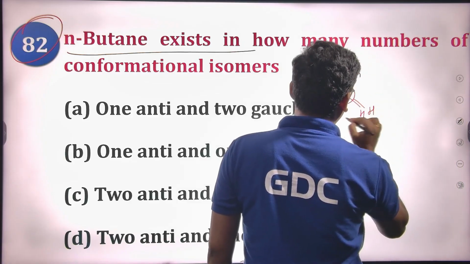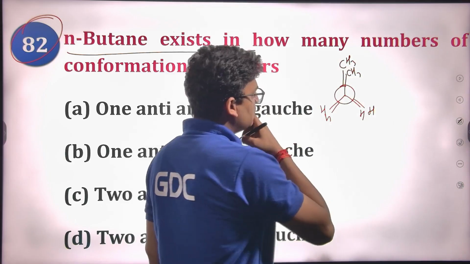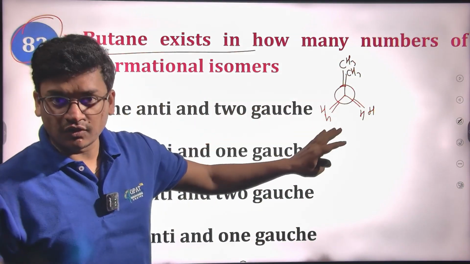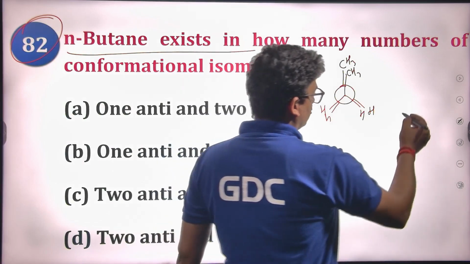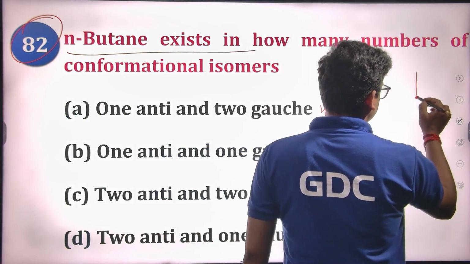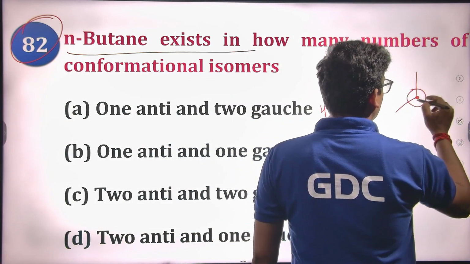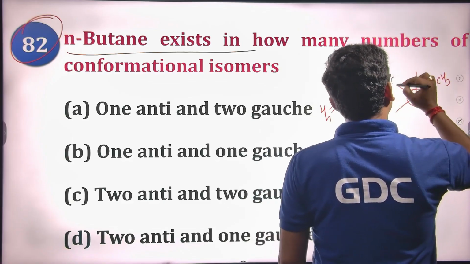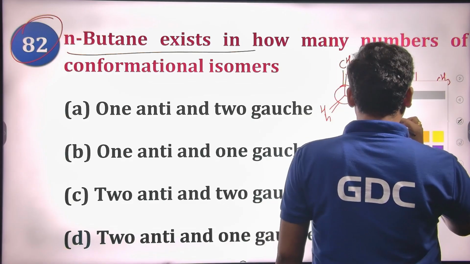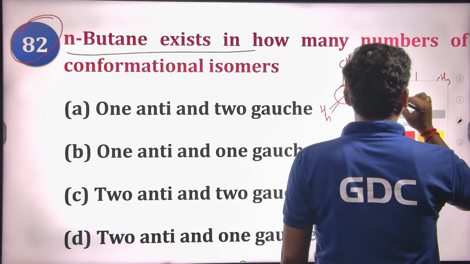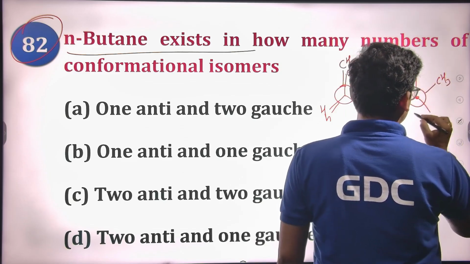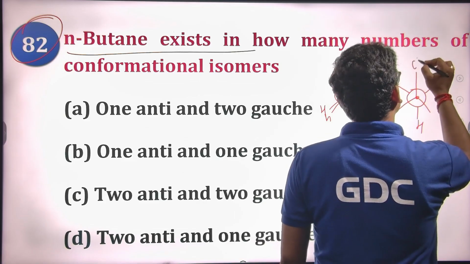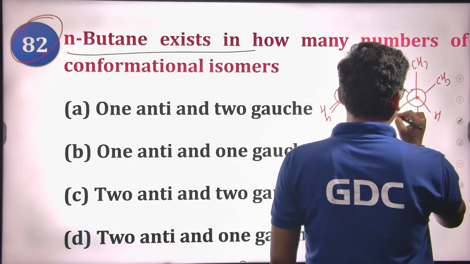This one is an eclipsed form, and this is known as the gauche form. So CH3, H, CH3, H.